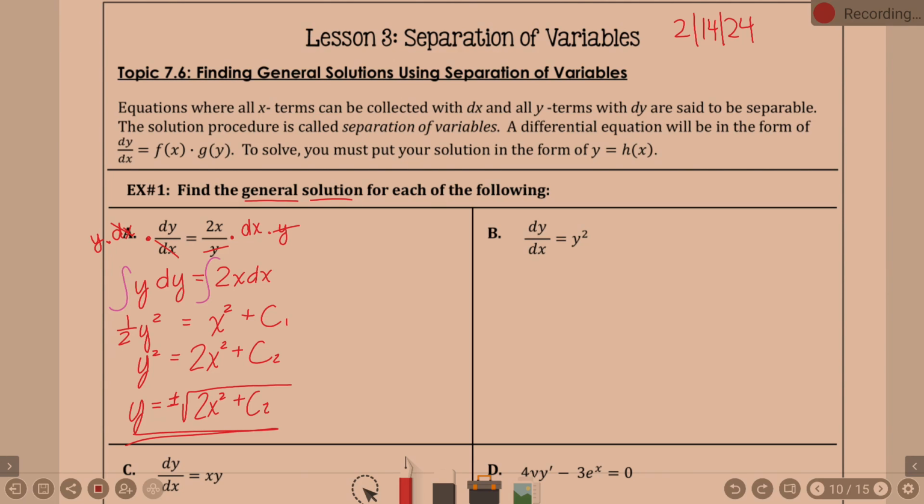Now, that is one option. Another option would have been to not square root it, and putting the x squared on the same side as the y squared, I know in mine I have 2x squared minus y squared equals the C value.